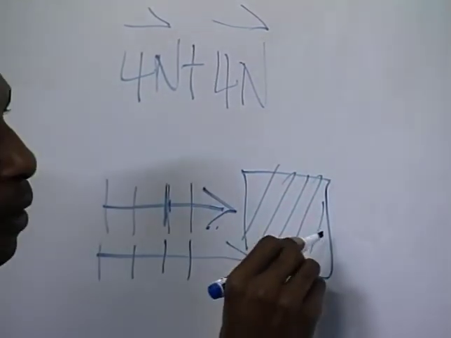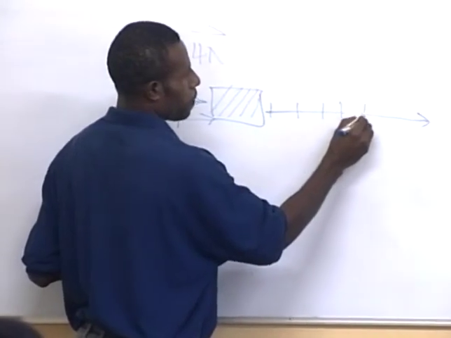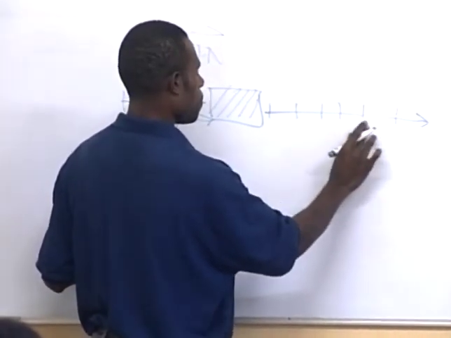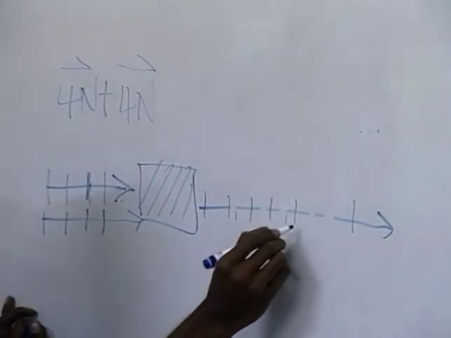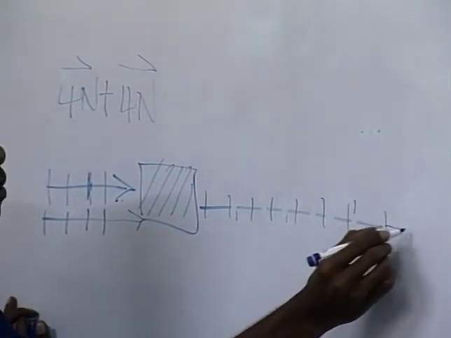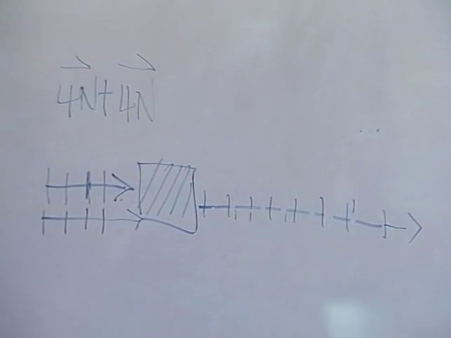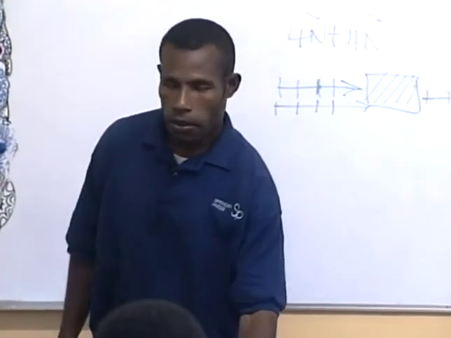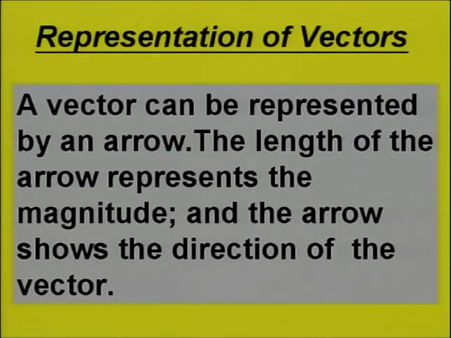So you're likely to have a resultant which is about 8 newtons to the right. So that is simply what is known as this representation of vectors. Right, what I'll do is quickly go through, I'll explain 2 examples and then you can go through this activity.